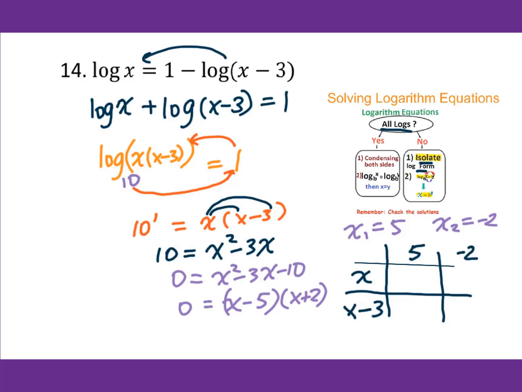When you plug in, if you get a positive, we put a check. If you get a negative, then that's not the solution. When we plug 5 for x, it is positive. 5 for x minus 3 is positive. Negative 2 plugged into x is negative. That means only 5 is the solution. x equals negative 2 is not the solution.